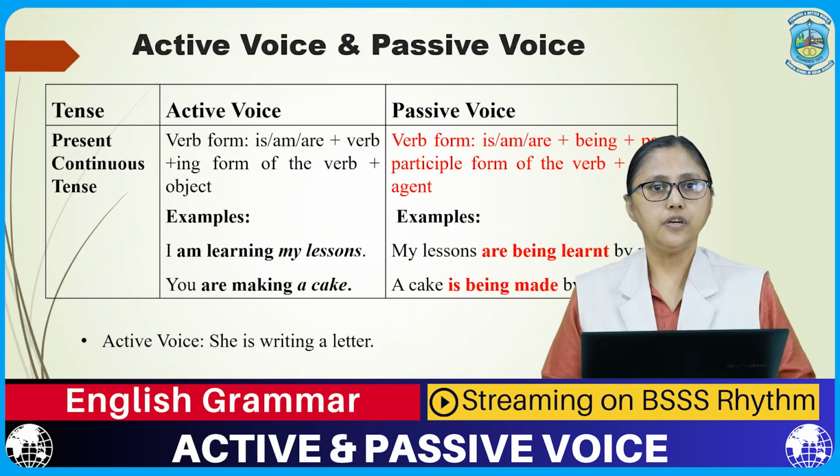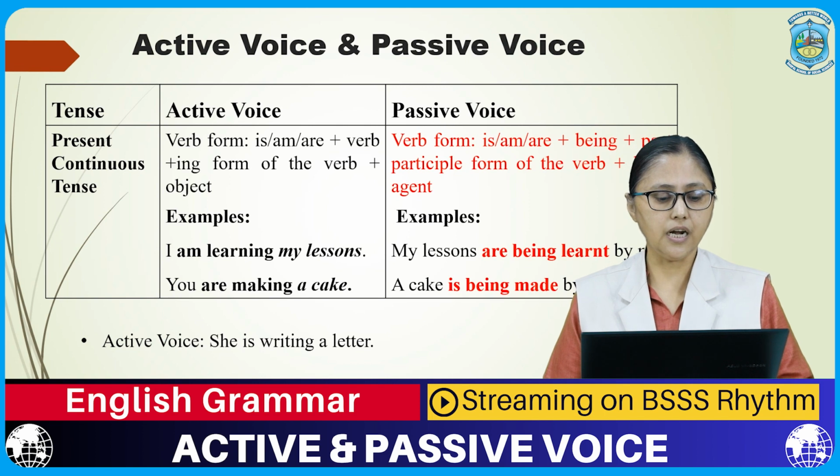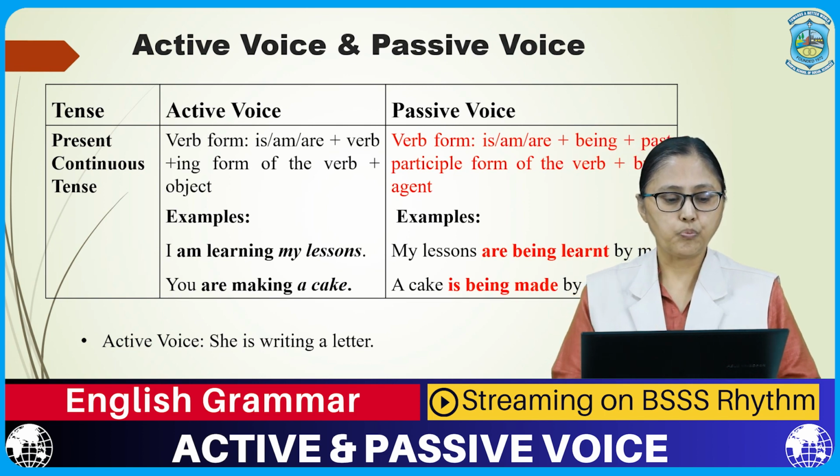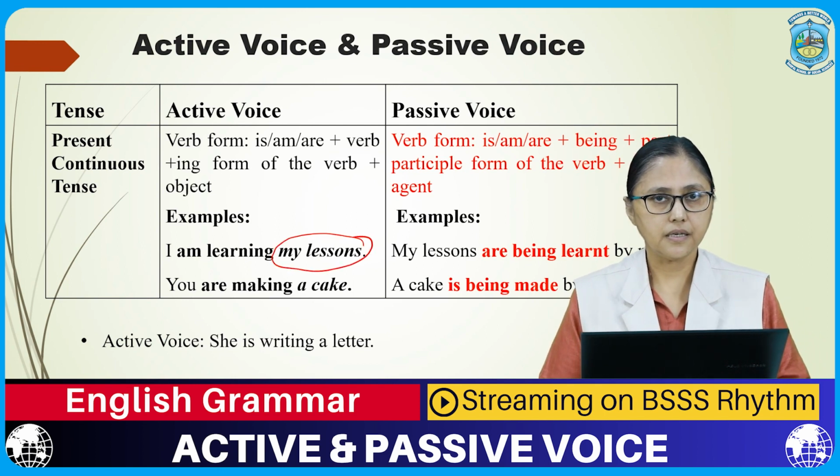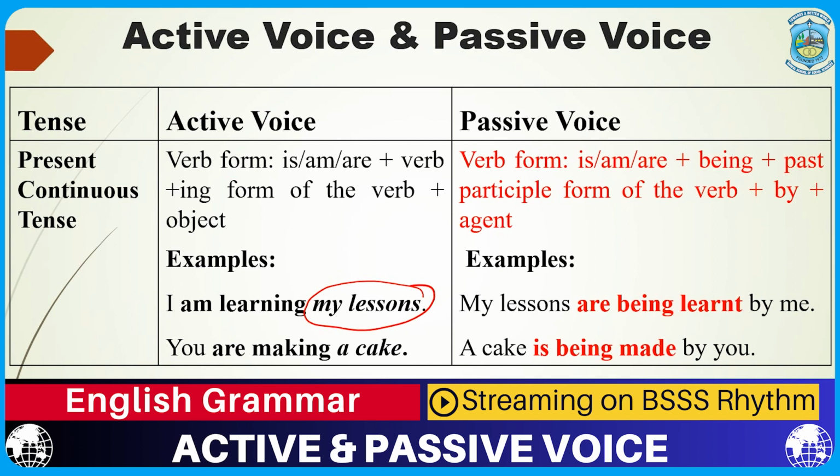Then we have two sentences in present continuous tense. I am learning my lessons, you are making a cake. My lessons is the object to the first sentence, a cake is the object to the second sentence. So, we have to bring this object in the beginning of the sentence in passive voice.